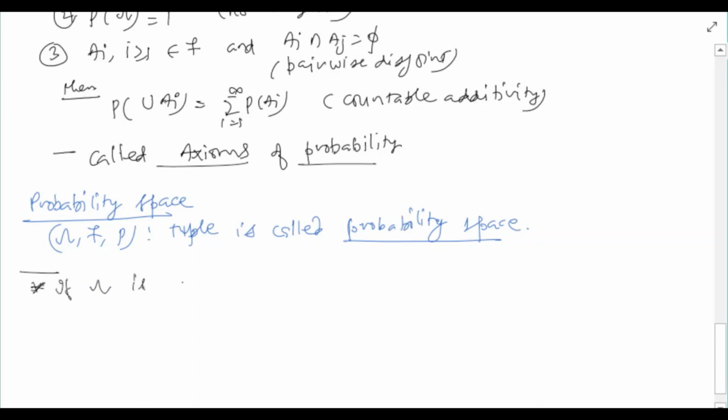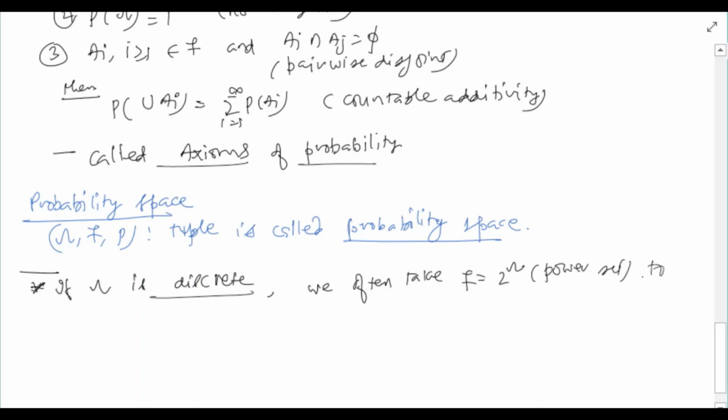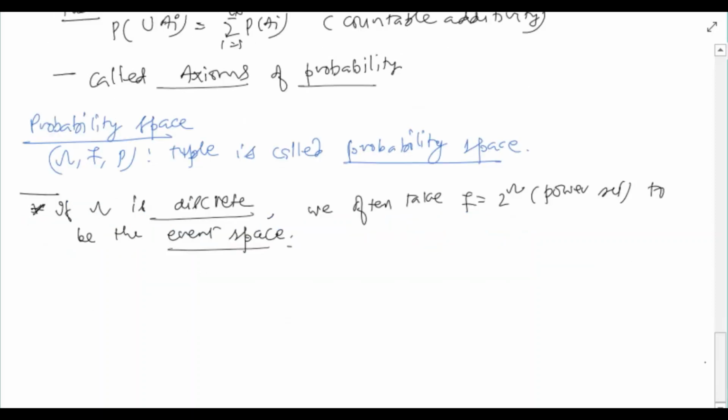If omega is discrete, we often take the power set of omega to be the event space. So though it could be any collection of subsets of omega that satisfies the three properties mentioned above, we often take it to be the power set.